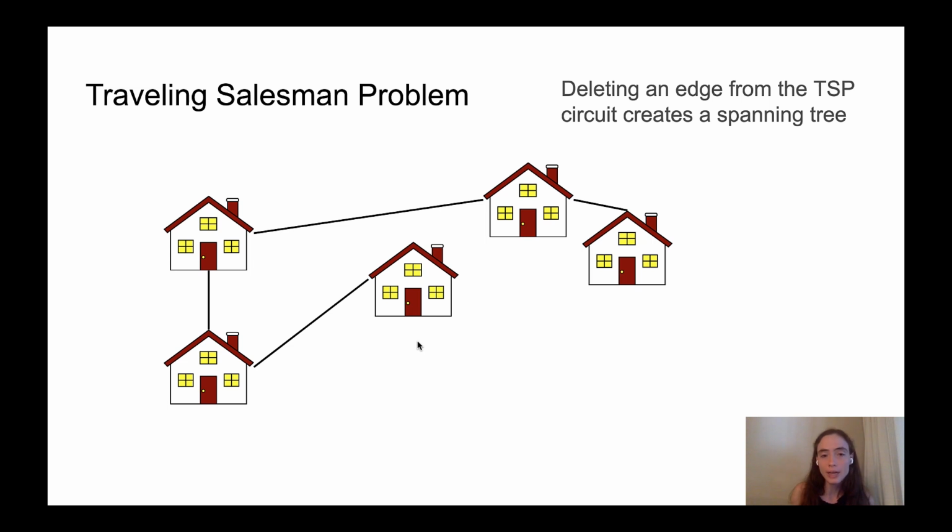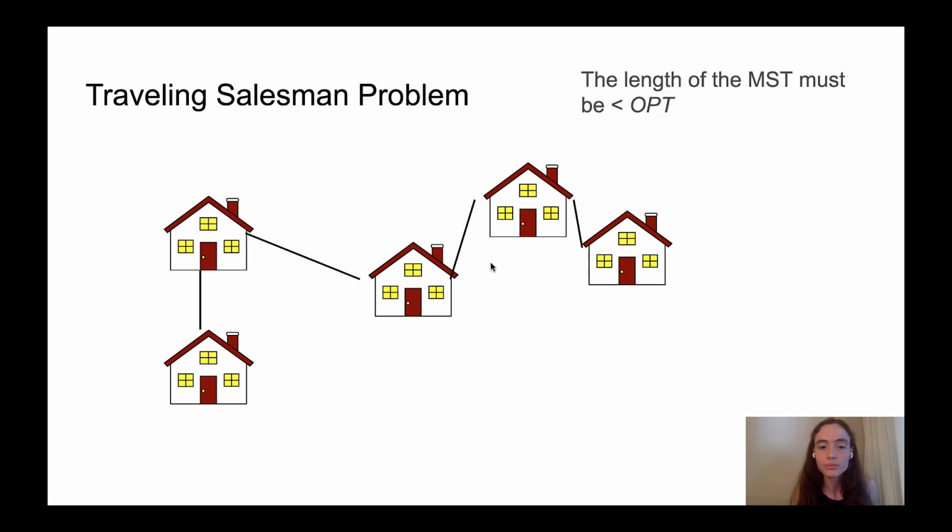Now, we already have an algorithm to find the minimum spanning tree of any graph, any weighted graph that's connected. And we know that that algorithm runs in polynomial time. And because we have a spanning tree here from deleting one edge from the traveling salesman tour, we know that this spanning tree must have weight at least equal to the minimum spanning tree. Otherwise, this would be the minimum spanning tree.